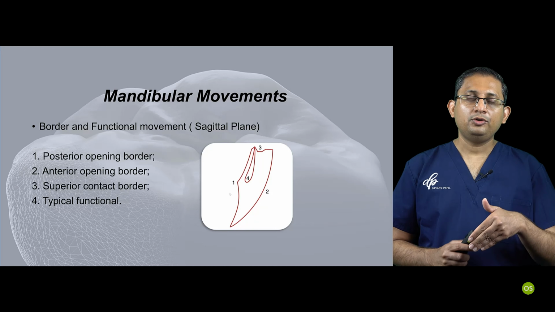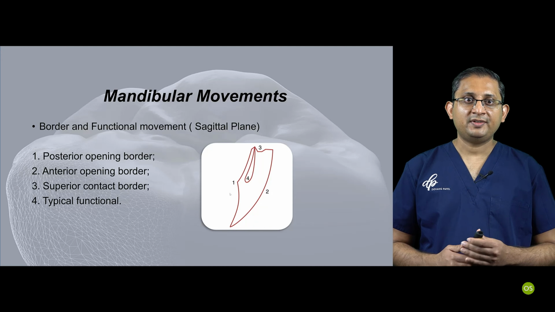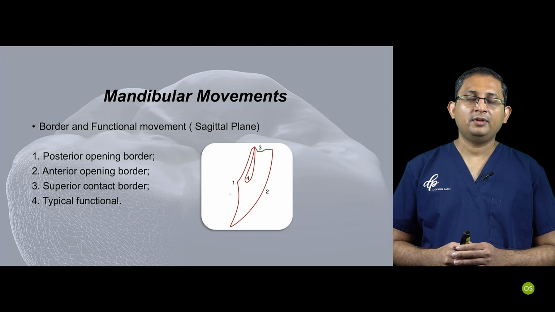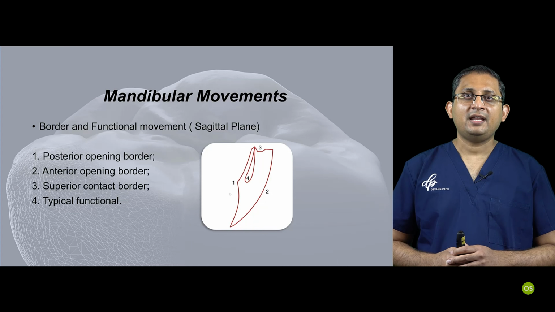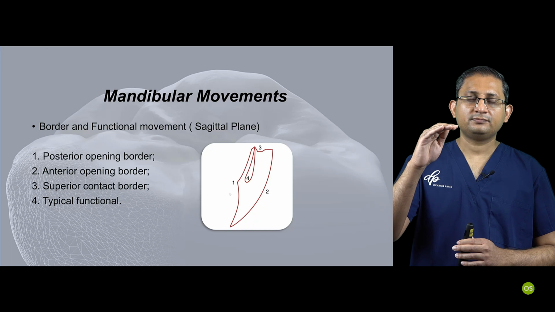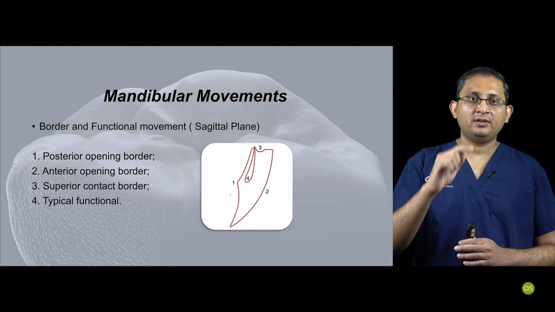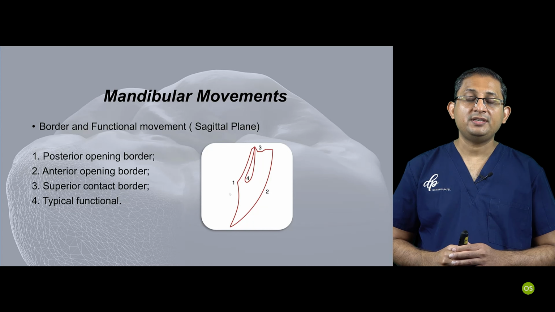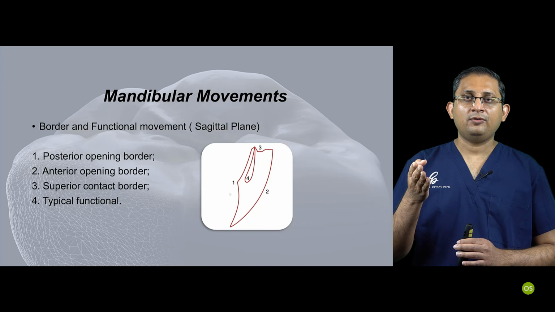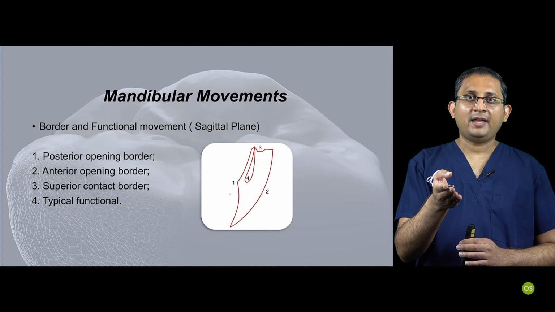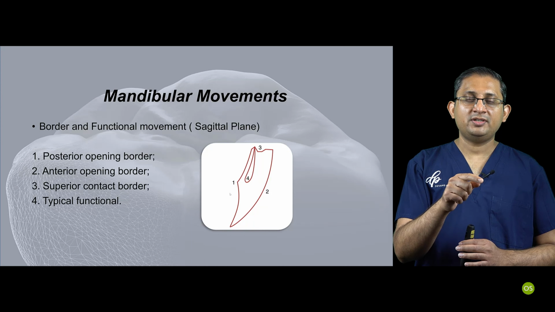If you close your mouth, that represents the top point on the right, and now you're sliding forward, grinding forward to make it edge to edge, which is the second point. When you're now opening your mouth, you have rotation of the condyle, and that moves the jaw forward, and that's where the point is where the 1 is written.